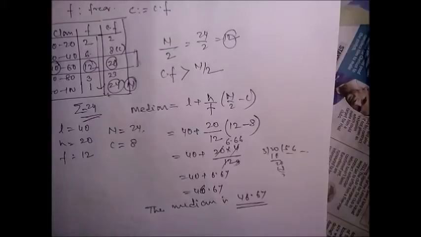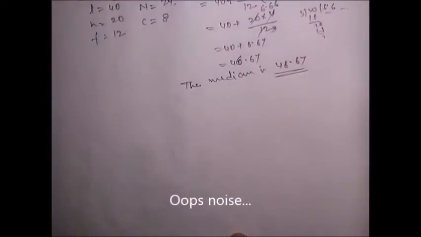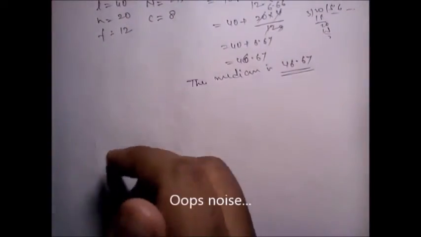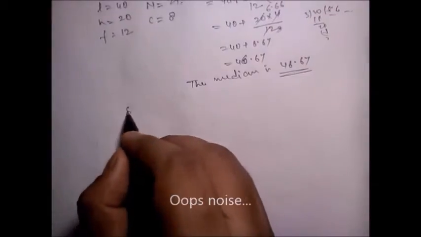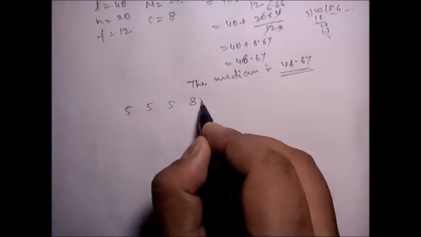Now in this way you can calculate the median. Now we will see the merits and demerits of the median. The merits: first, it is rigidly defined. Second, easy to understand and calculate, and not affected by extreme values. It's a very important concept: median is not affected by extreme values. Suppose 5, 5, 5, 85.